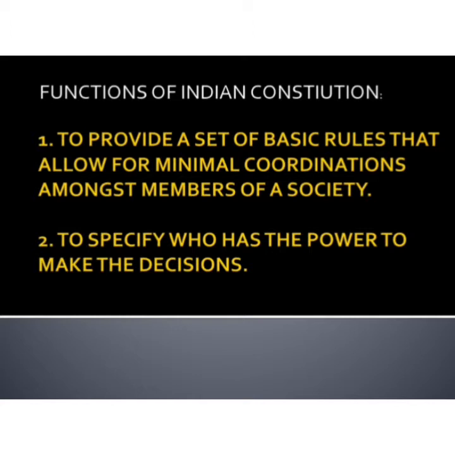So the rules should be legally enforceable, which will give an assurance to everybody that the others will follow these rules, and if they do not, they are going to get punished. So the basic rules must be there so that they allow for a minimal coordination amongst the members of a society.